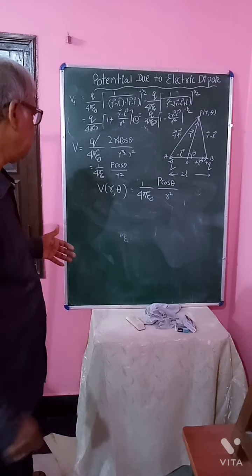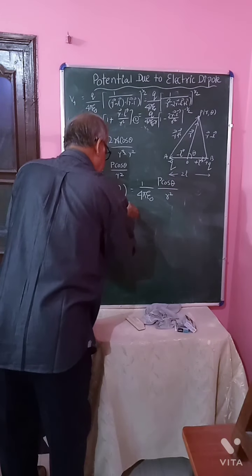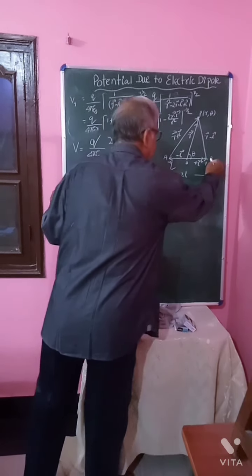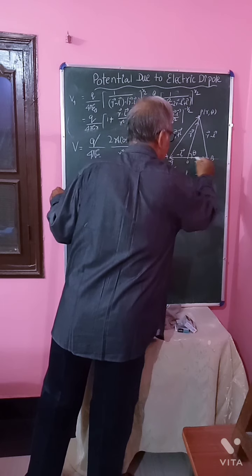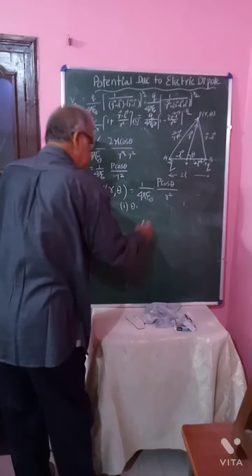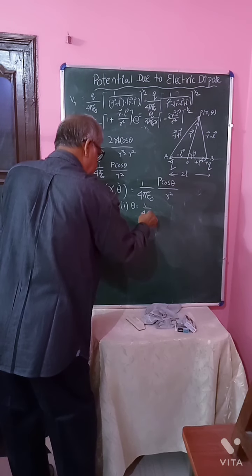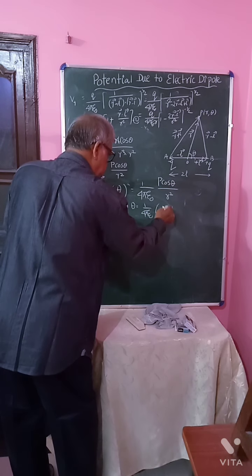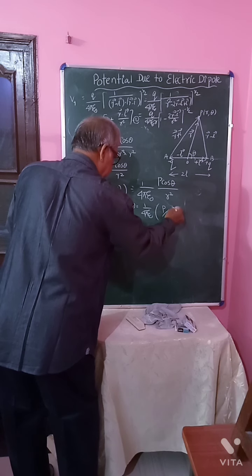Now, for theta equal to 0 degree, that is along the axis, in this direction, at any point theta is equal to 0 here. Now 1 by 4 pi epsilon 0, cos 0 is 1, so P by R square.